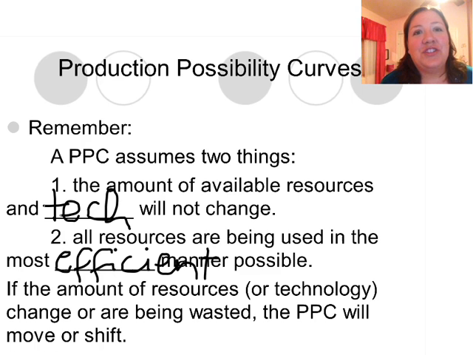Is the government using all of their resources in the most efficient manner? We'll save that for another day. But we have to assume that they are using their resources in the most efficient way. Now, of course, if the amount of resources or technology changes, or if the government or the person starts to use their resources wastefully, then the production possibility model will change or look different. And we'll look at that in class tomorrow.